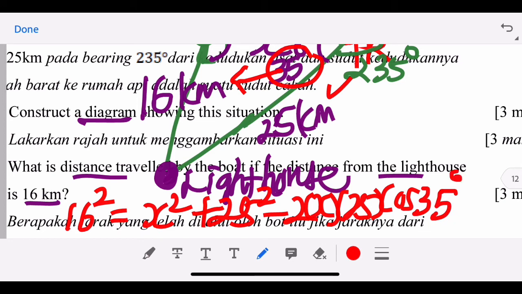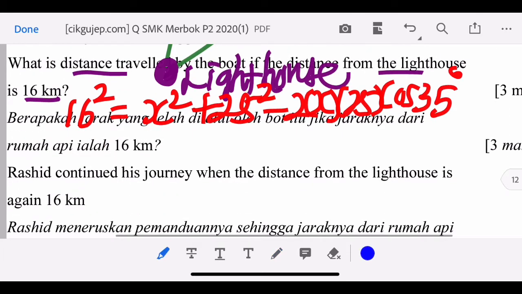Now you need to press your calculator to solve the equation. Alright, so let's solve it together. I'm sure if you simplify, you will get the answer like this. So let's simplify the quadratic equation. I think I will have the quadratic equation like this.